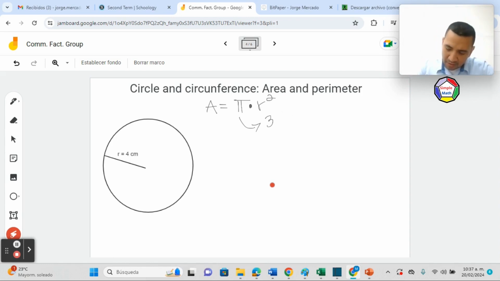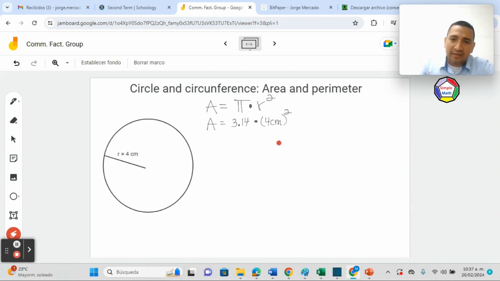So let's start working on this. What is the area of the circle? The area of the circle is pi, which is 3.14, times the radius. But what is the radius in this exercise? 4 centimeters. So we have 4 centimeters exponent 2, or 4 centimeters squared.